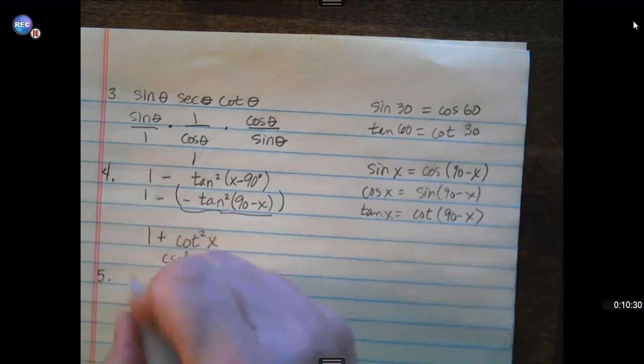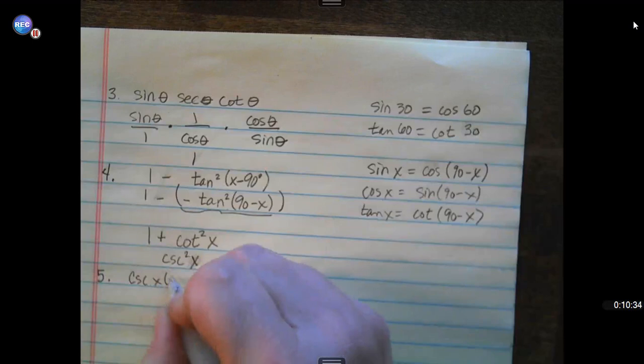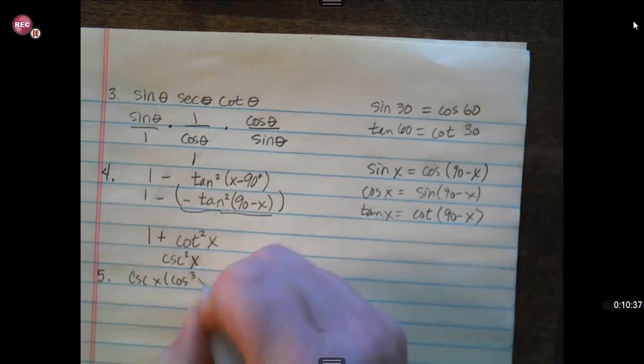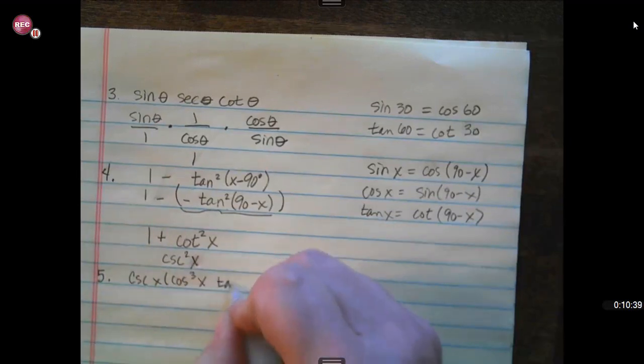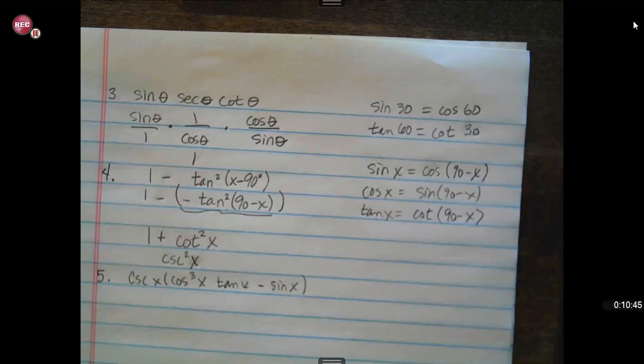We have cosecant x times the quantity cosine cubed x tangent x minus sine x. So again, before I do anything here, I want to change things to sine and cosine.